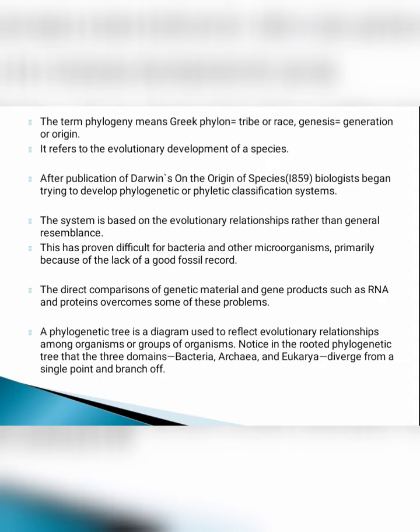Notice in the rooted phylogenetic tree that the three domains, bacteria, archaea and eukarya, diverge from a single point and branch off.